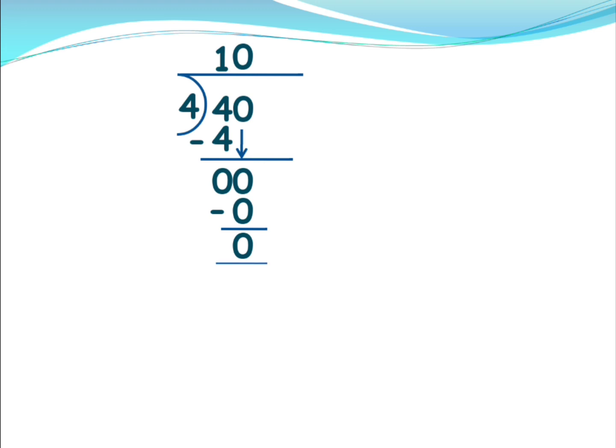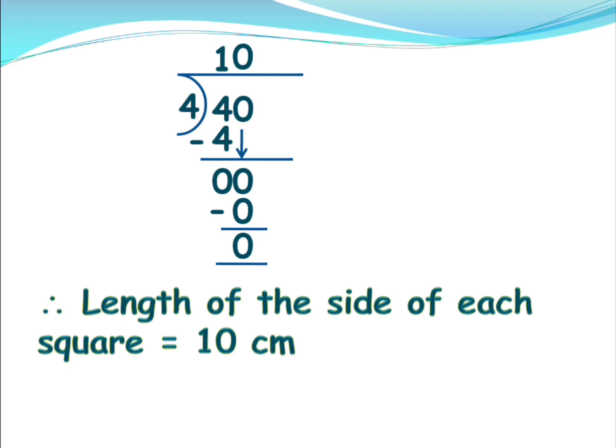The first digit is 4, which is equal to the divisor, which is 4. Then you will write 4 ones are 4. 4 minus 4 will be equal to 0. You have to bring down the 0. 4 zeros are 0. Now 0 minus 0 will be equal to 0. Okay, then the length of the side of the square is 10 centimeters.